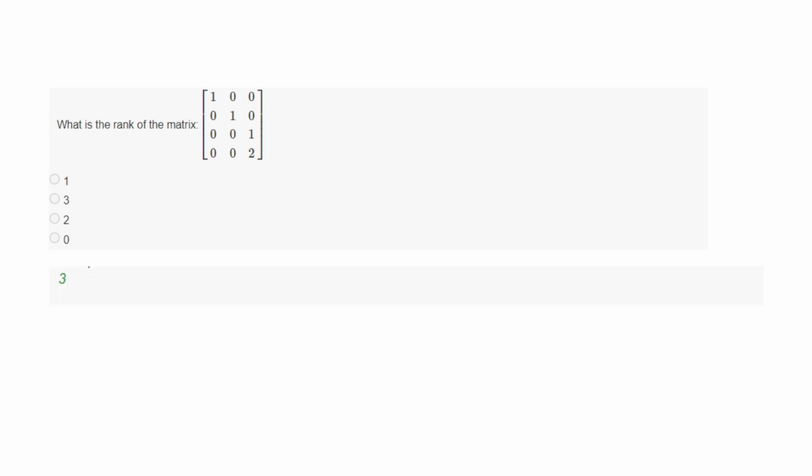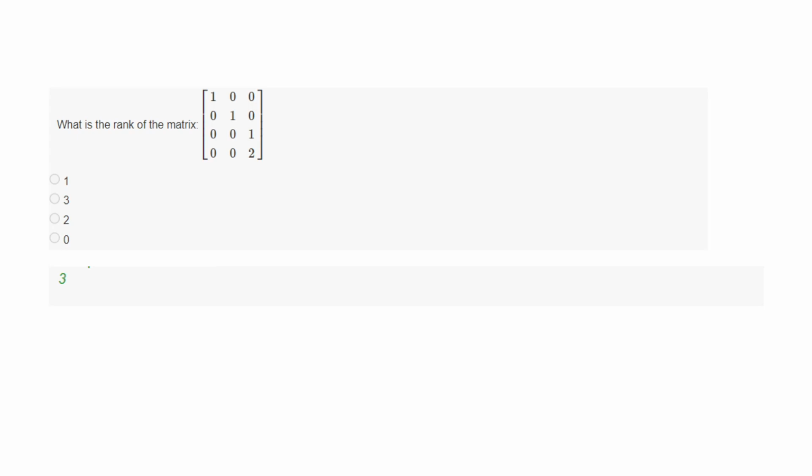Okay. So basically, I'll define what the rank of a matrix is. Here this matrix has three columns. So if you consider a vector space, it will have four dimensions, because the number of rows in this matrix is four, but the number of columns is three.